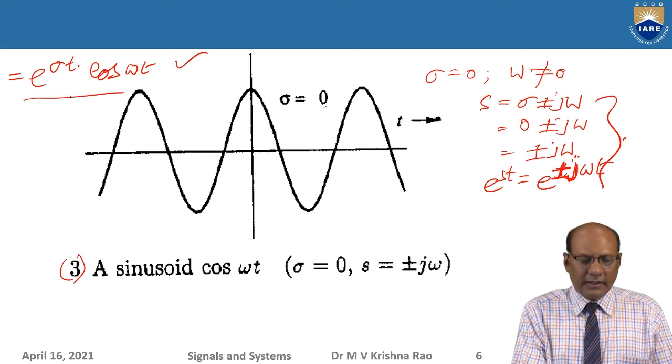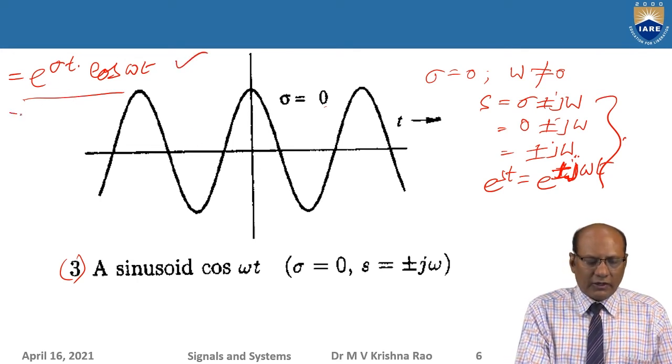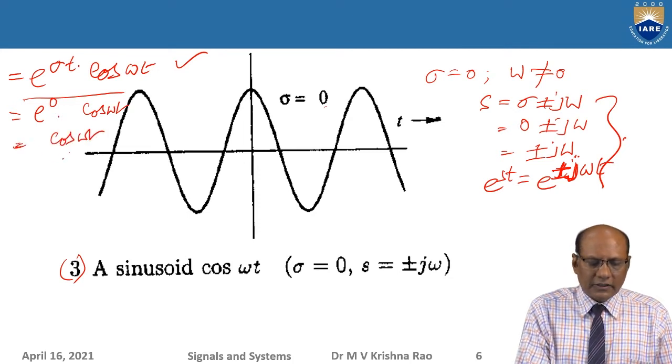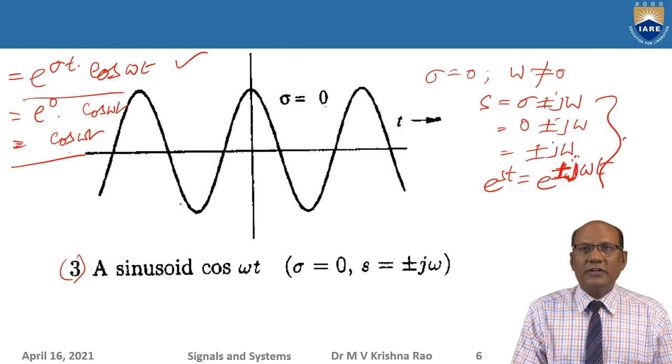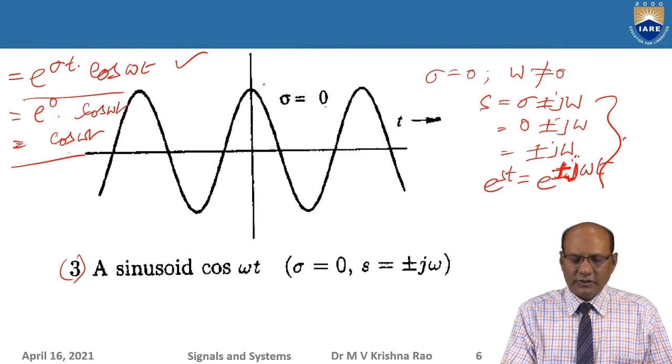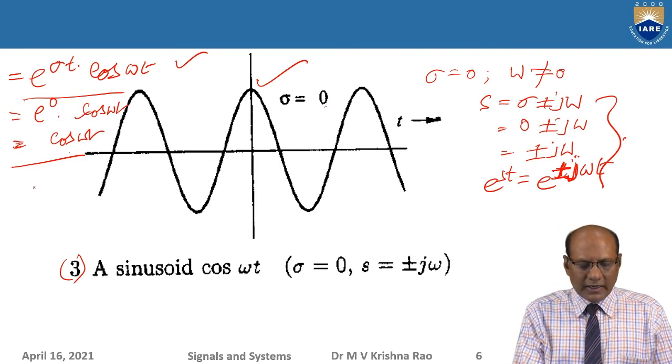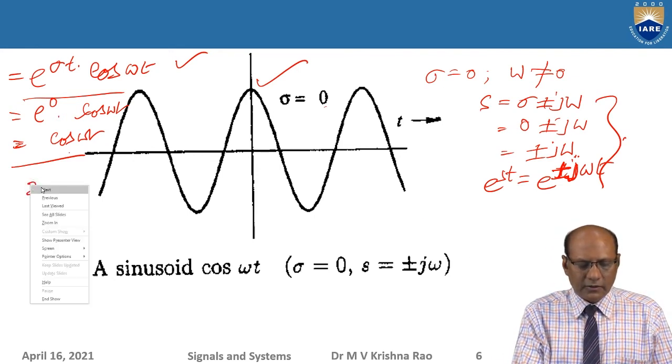And here, when sigma equal to 0, what will happen? E to the power of 0, 1, cos omega t. So this is nothing but cos omega t. So when sigma equal to 0, I have a real function cos omega t. So that is nothing but this cos omega t. What is this omega?